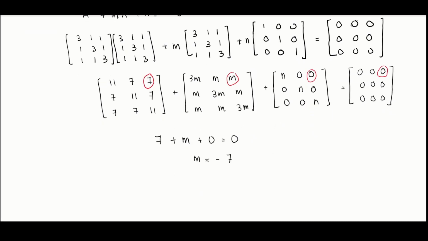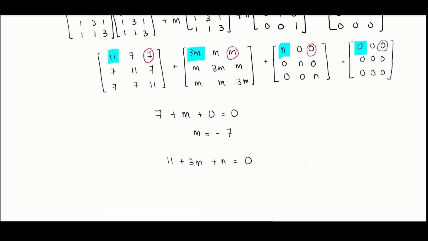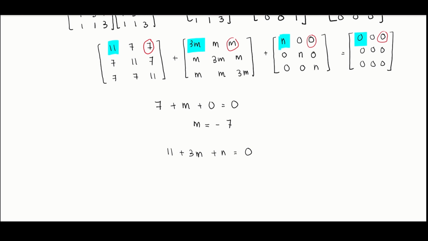Alright, so we have m. To find n, we can take this diagonal element, where we have 11, 3m, and n. So we get 11 plus 3m plus n equals 0. We know that m equals negative 7, so we can substitute the value of m.